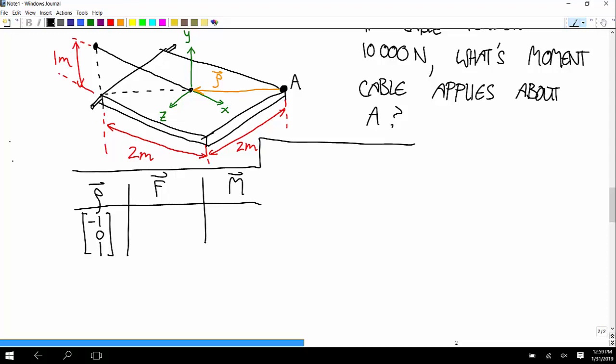How are we going to come up with the force vector? We know the magnitude is 10,000 newtons, but that's not a vector. What do we know about the direction of that force? Yeah, so we know that a cable applies a force parallel to the cable away from the body. So we know it goes in the direction from here to here.